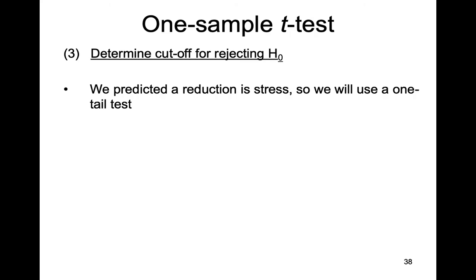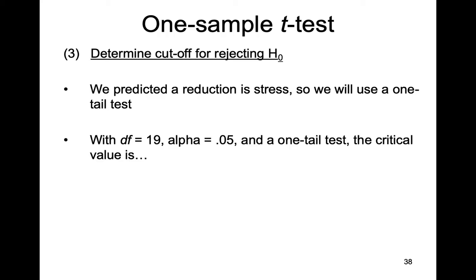What's our cutoff for rejecting the null hypothesis? We predicted a reduction in stress, so we're going to use a one-tail test. Our degrees of freedom are 19. Why 19? Because we had 20 students, so n-1 is 19. Our alpha level, in other words our significance level, is 0.05, and again, one-tail test.